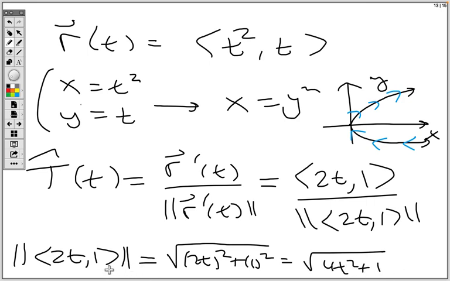Since we're dividing by this, we better make sure it's not what? It's not 0. In fact, any value of t you plug in, you're going to square it, multiply it by 4, which is going to make it 0 or bigger. And then you're going to add 1 to it, which will make it bigger than 0, and then take the square root. So that's all positive.